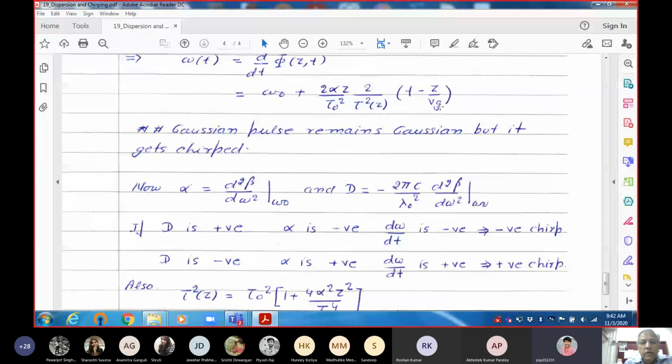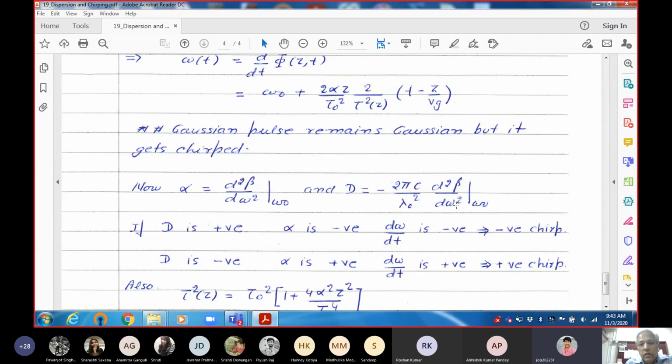So what I am saying is, if the medium is such that the dispersion coefficient is positive, and the dispersion coefficient is related with alpha like this, then alpha will be negative. If you put alpha equal to negative here, then omega would be decreasing as time increases.